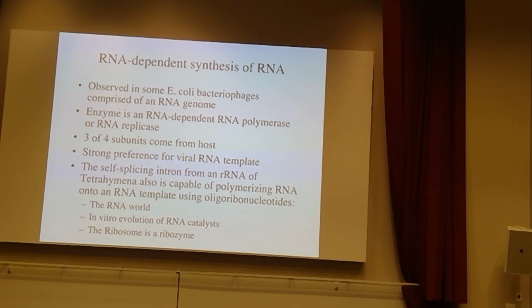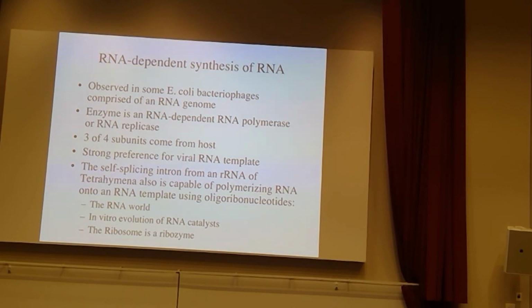And there's one other example that I know of, a ribosomal RNA from Tetrahymena that's been shown to polymerize RNA onto an RNA template. Why do we care so much about this process? I mean, it's kind of interesting as an exception that proves the rule to the typical flow of information in biochemical systems.